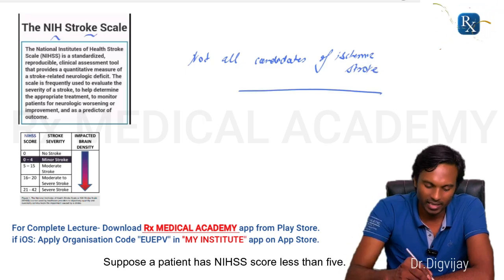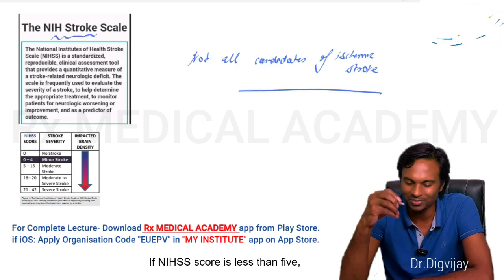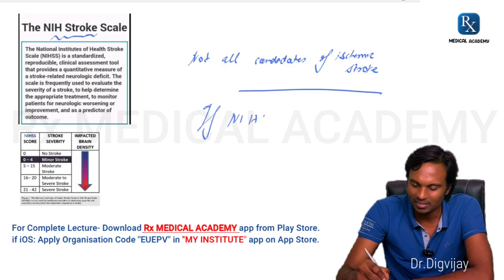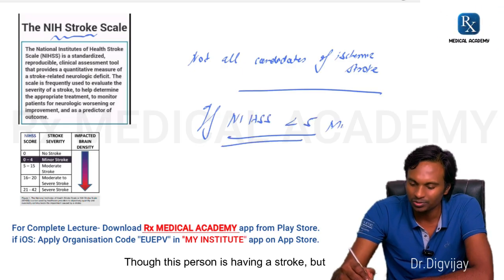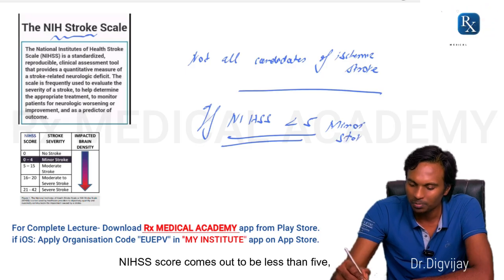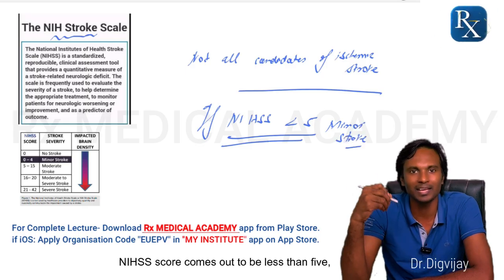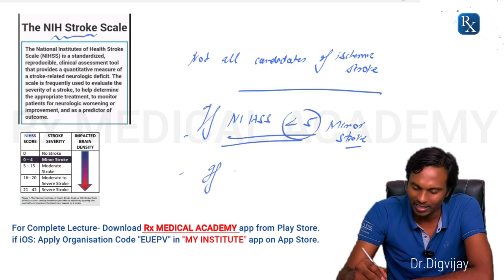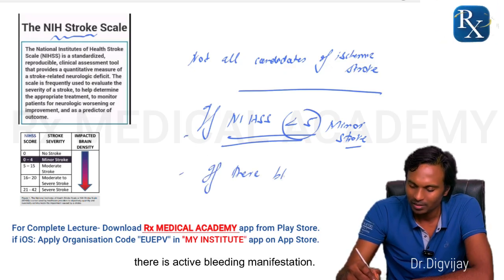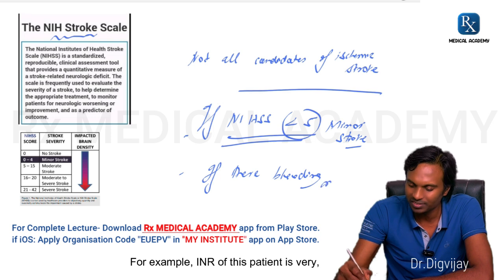Suppose a patient has NIHSS score less than 5. If NIHSS score is less than 5, this falls in the criteria of minor stroke. Though this person is having a stroke, the NIHSS score comes out to be less than 5, or there is active bleeding manifestation.